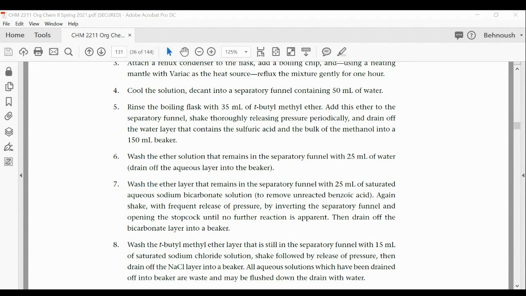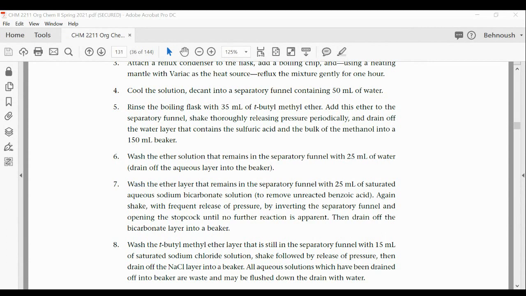Okay, Julia, you're also explaining about the multi-step reaction. We are only performing one of the many steps of the reaction today: the production of methyl benzoate from benzoic acid and methanol through the Fischer method of esterification. Very good.